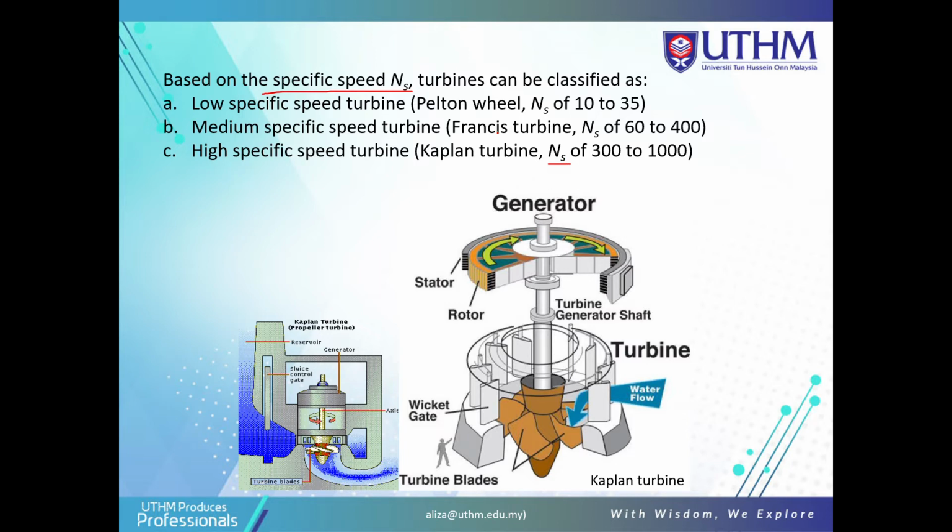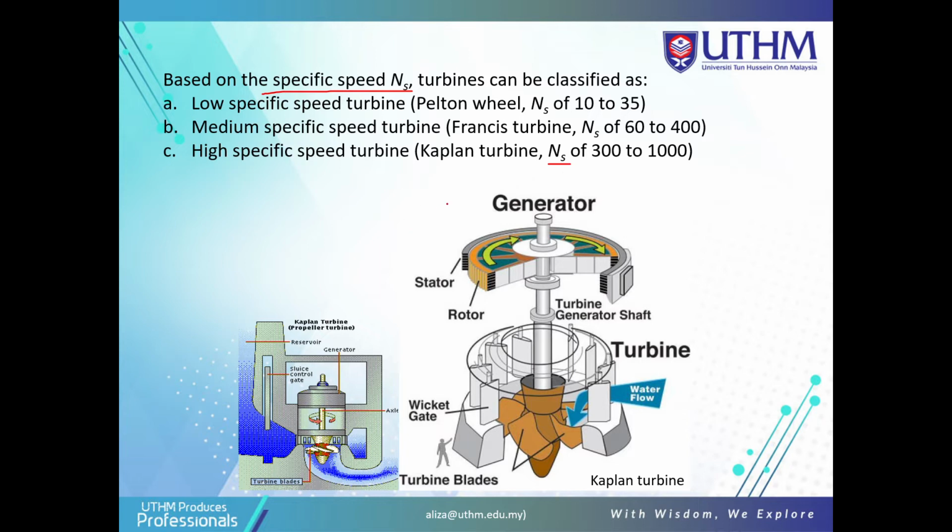So if there is a question on the difference between the Pelton, Francis and Kaplan, you can mention the specific speed. The Pelton has low specific speed, the Francis has medium specific speed, and the Kaplan is high.